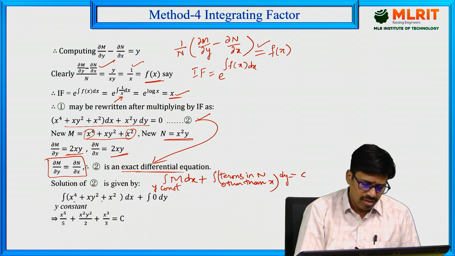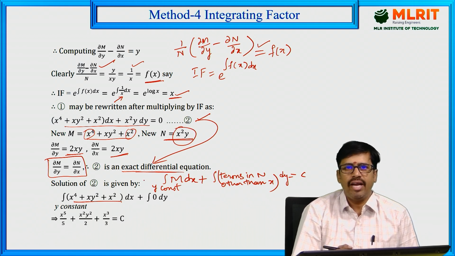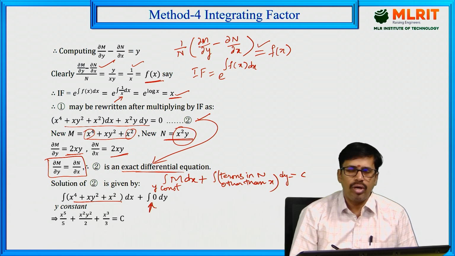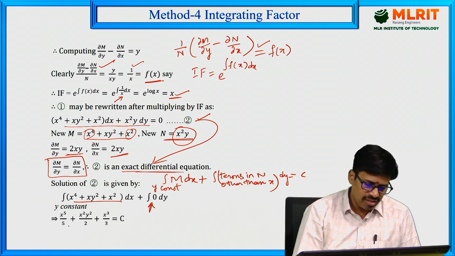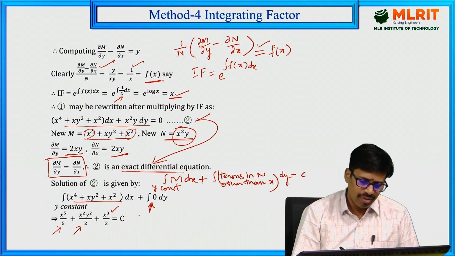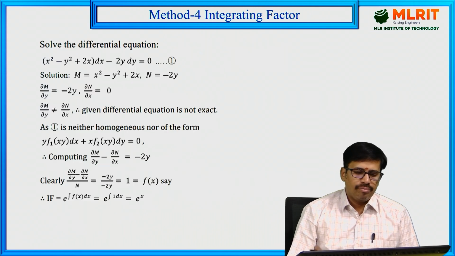Since there is only one term in N, we can't find any term other than x terms, so let us keep 0 here, integral 0 dy. The integration of x⁴ is x⁵/5, plus y² as it is, the integral of x dx is x²/2, and the integral of x² dx is x³/3. So this is the general solution, right.